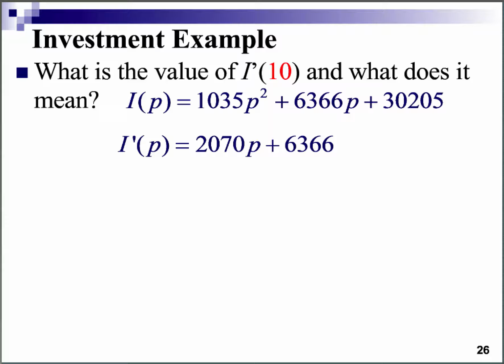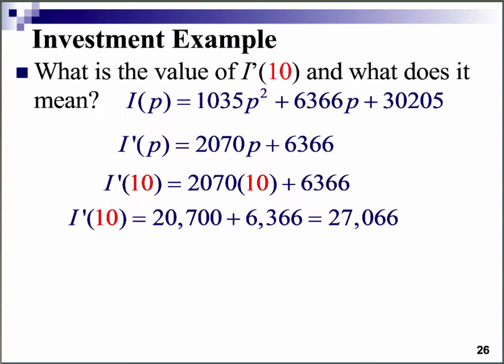You could call this the marginal income function that depends on the annual rate of return, little p. Now, to find out what's going on at 10%, we simply input 10 into the function and then do the calculations. So we get, as a final result, $27,066. Now, what does this mean?